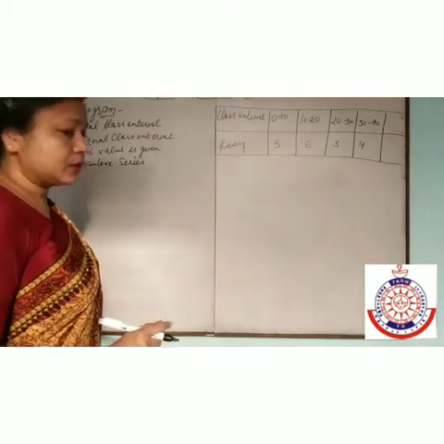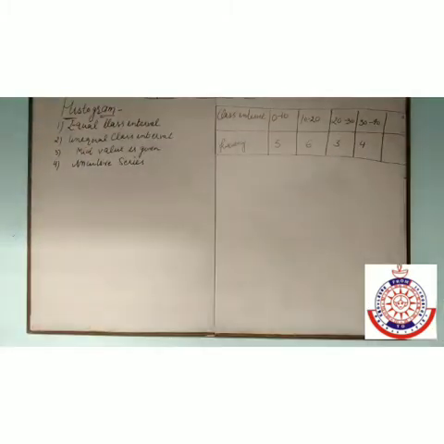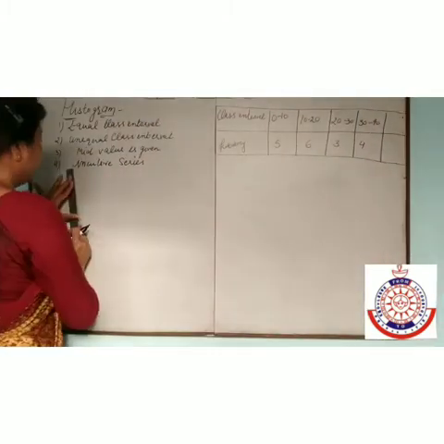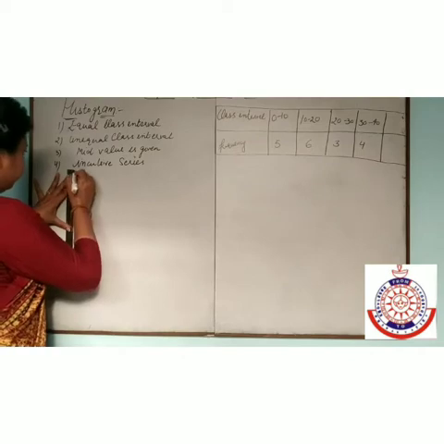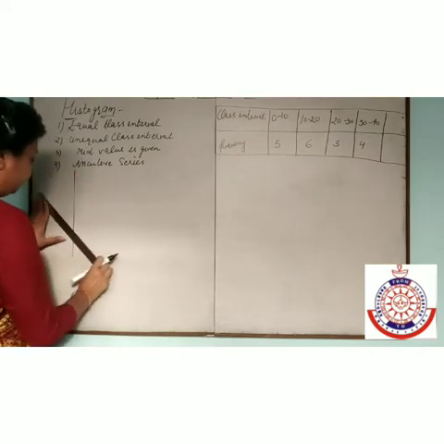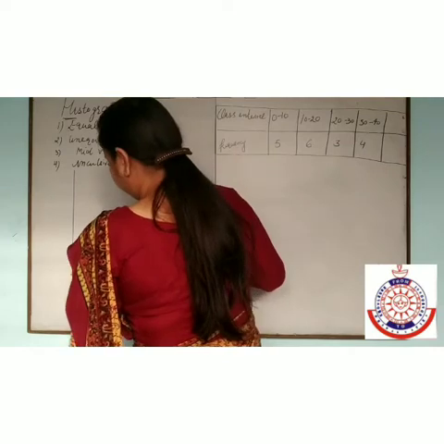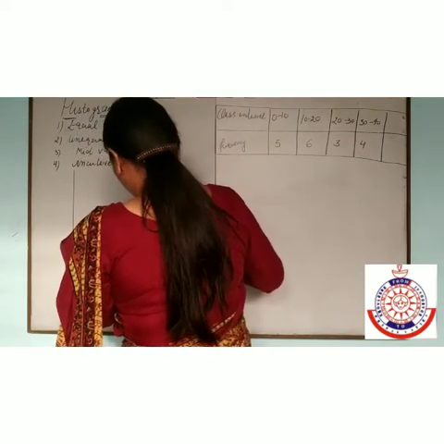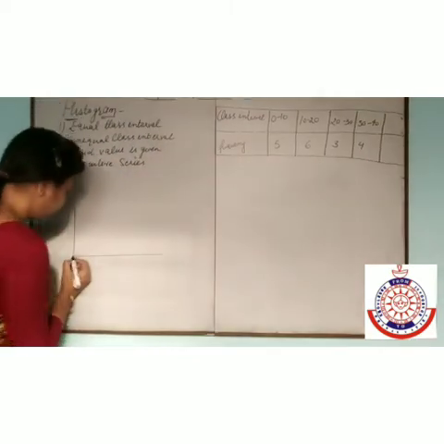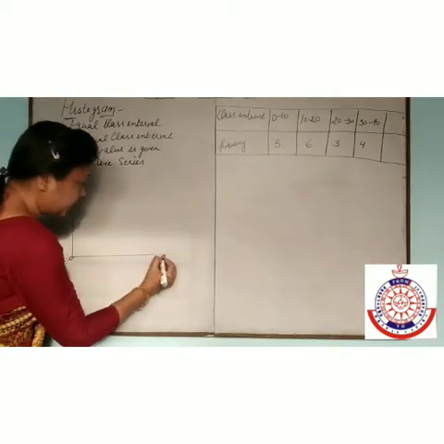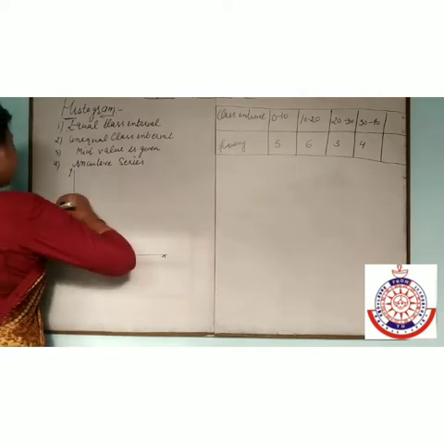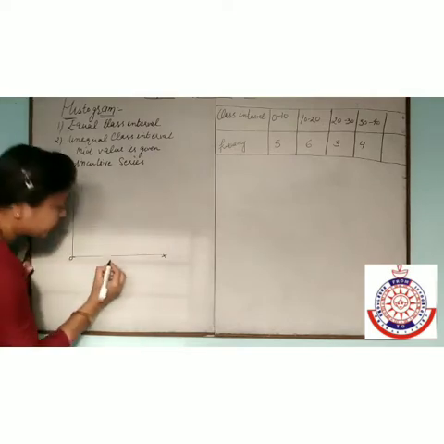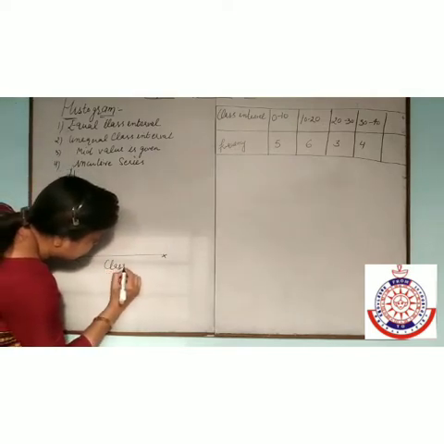So how can we draw the diagram? First of all, we take OX and OY. On OY we take frequency, and on OX axis we take class interval.